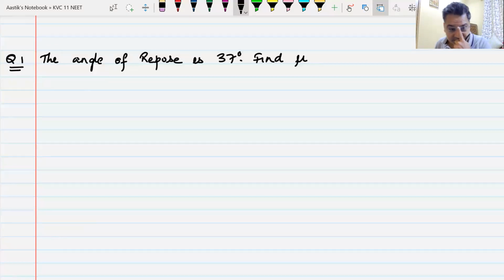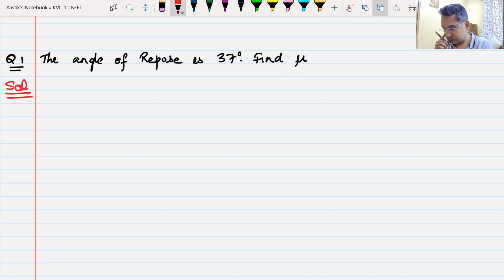Then comes this question. The angle of repose of a body is 37 degrees with an incline. What will be the value of mu? And the answer is?